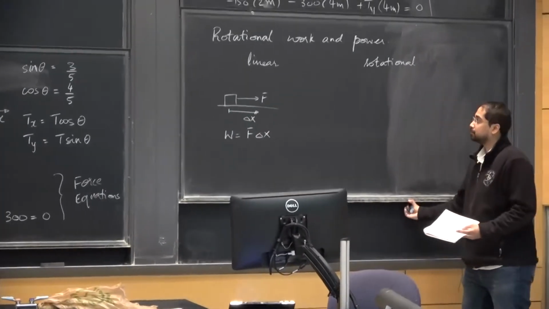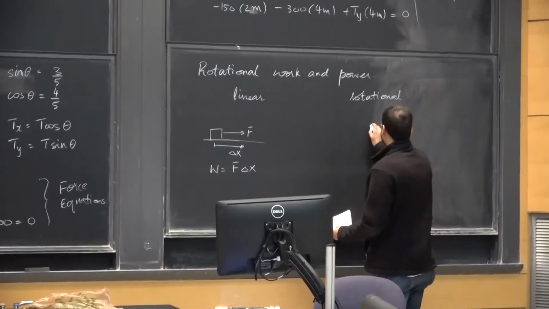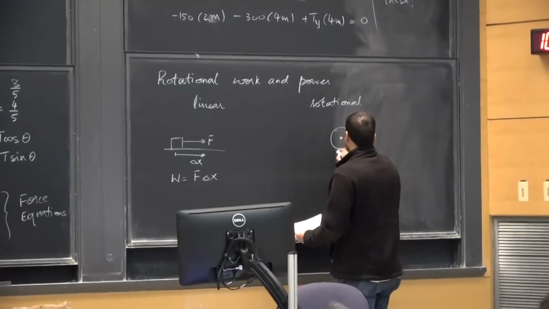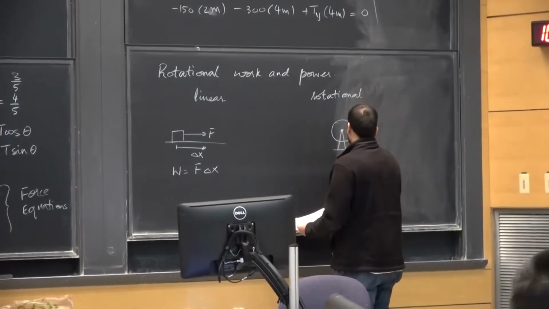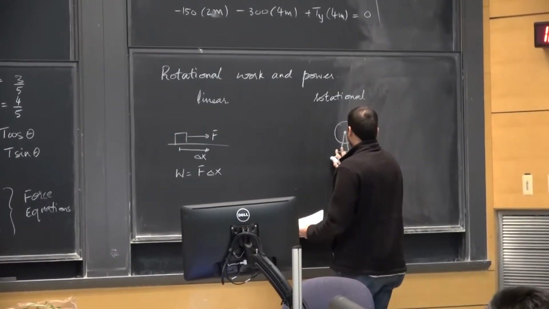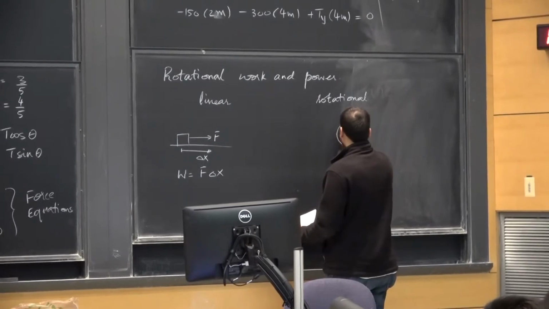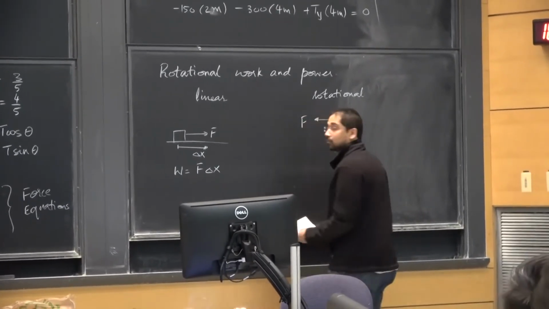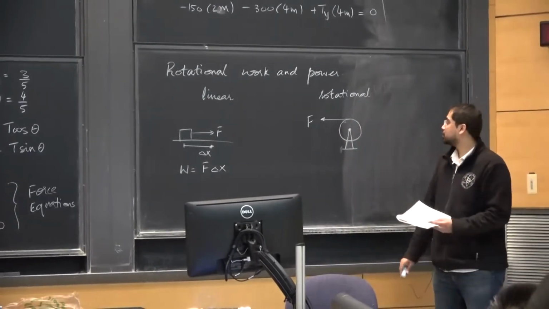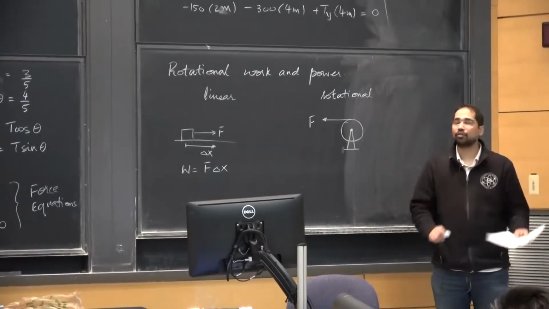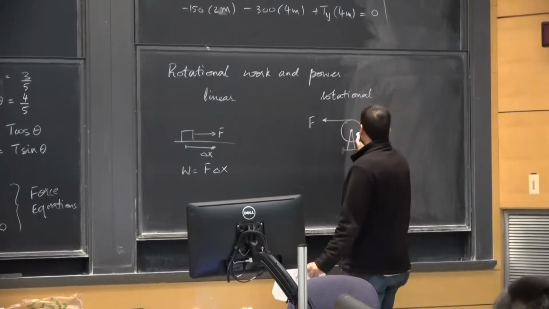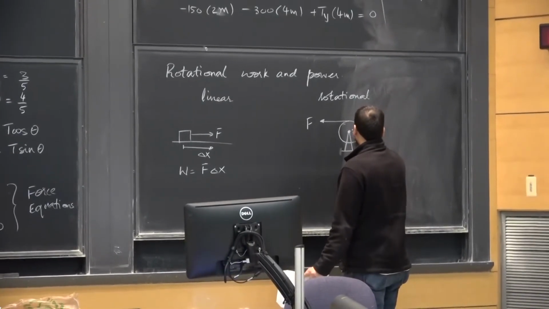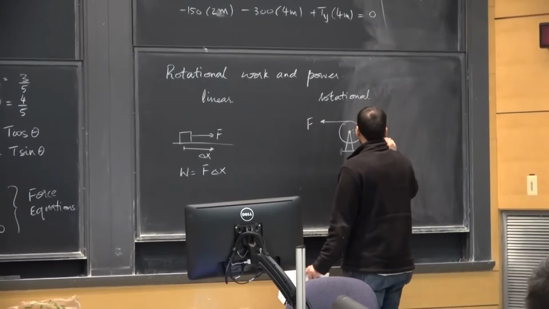By analogy then, assume I have a pulley that's fixed. I have a rope tied to this pulley, I'm applying a force F, and it rotates through an angle delta theta.